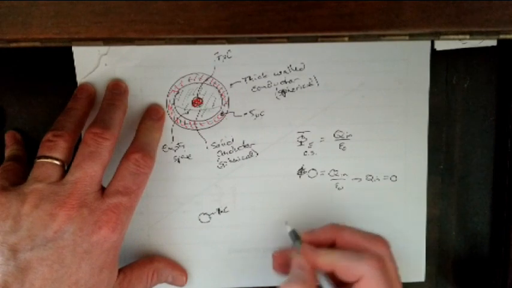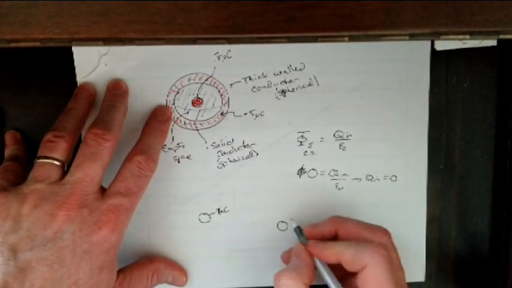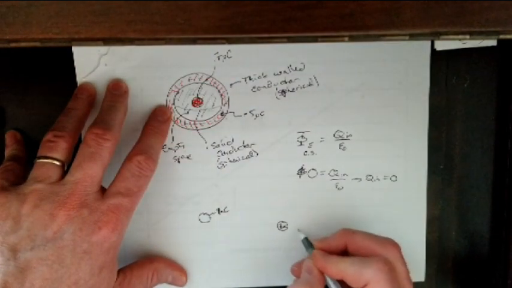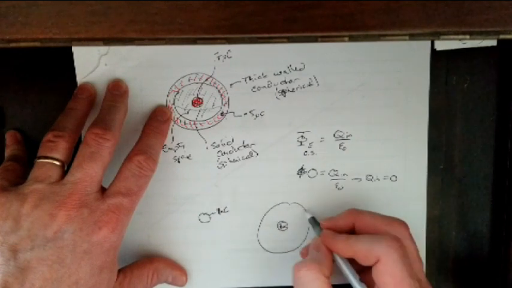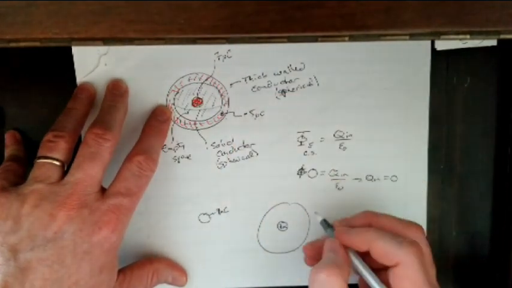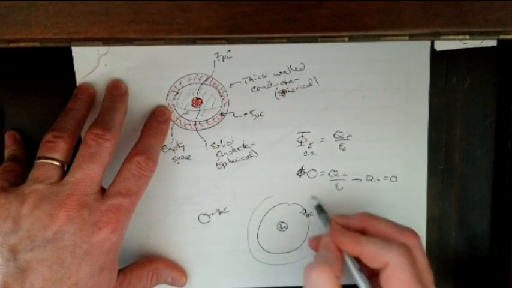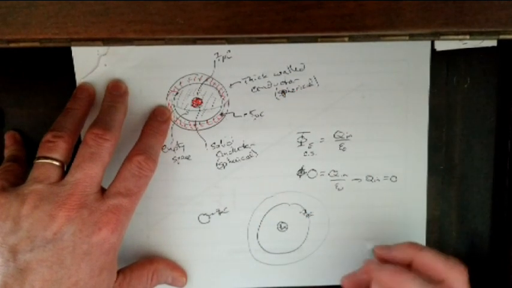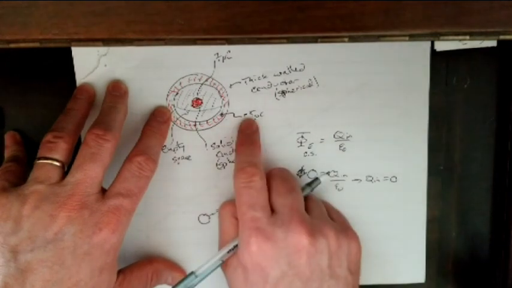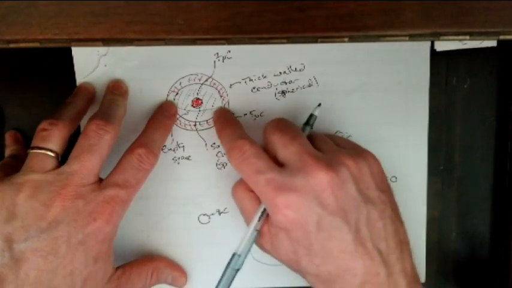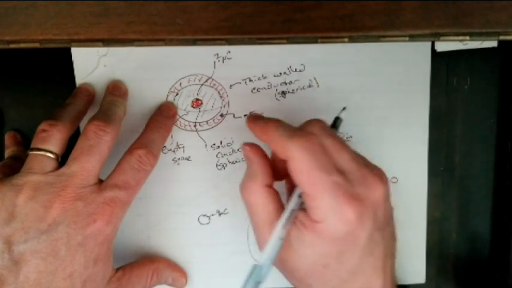So if I, again, looking at the slice here, I have 7 microcoulombs on the surface here. On the inner surface of the thick-walled conductor, I have to have -7 microcoulombs. I know that the total excess charge is -5 microcoulombs, so it pulled those -5 here, in essence.